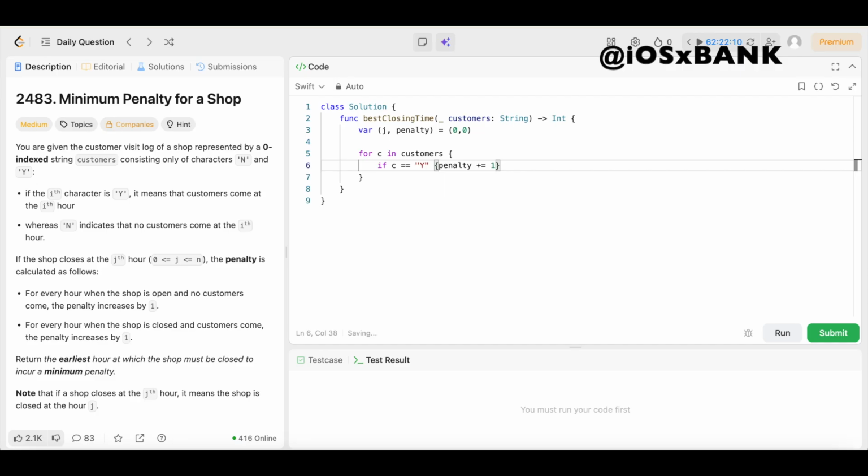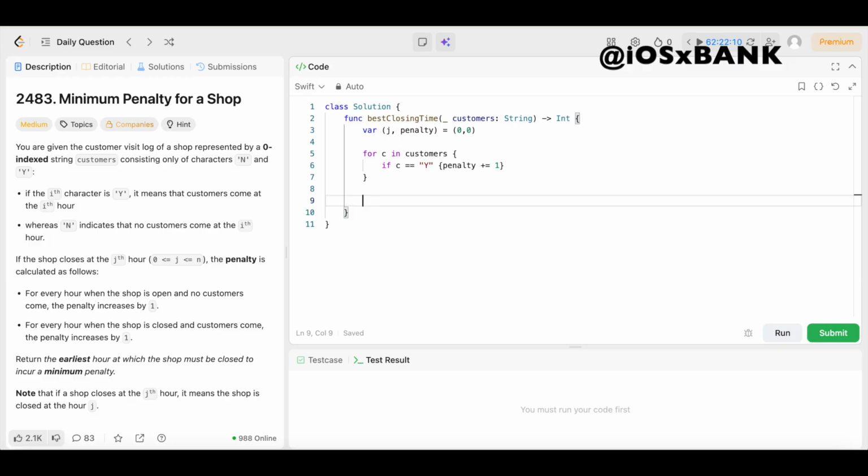Now we need to track the minimum penalty that we've seen so far. So we're going to come underneath that and say var minPenalty, and set that equal to penalty.